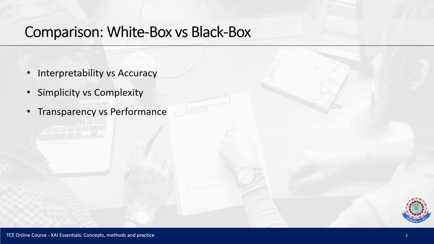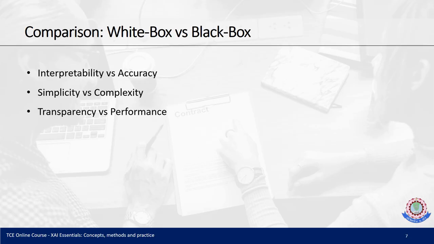Choosing between them depends on the application, the risk involved and the need for explanation. So now tell me, which model would you choose? If we are approving a loan or diagnosing a patient, explanations matter more than a slight dip in accuracy. Am I right? In such cases, white box models are preferred.